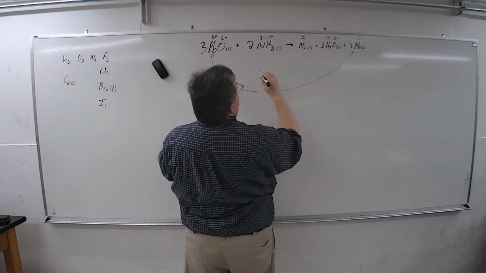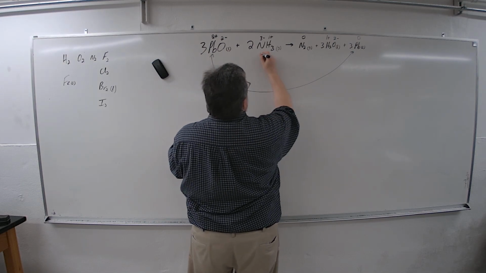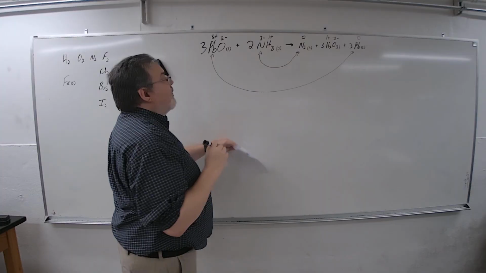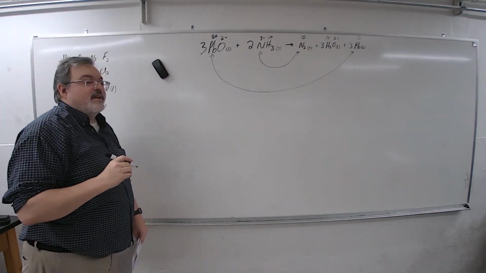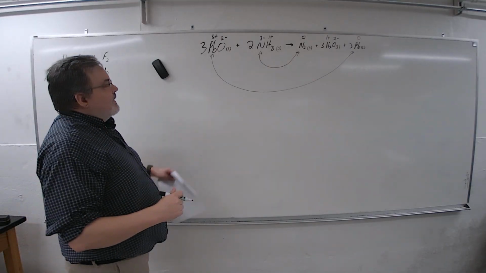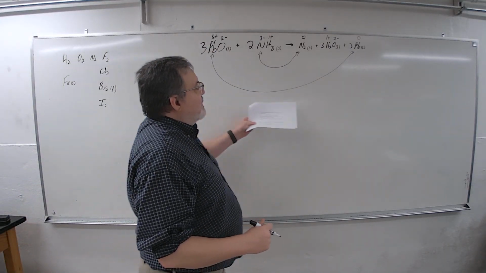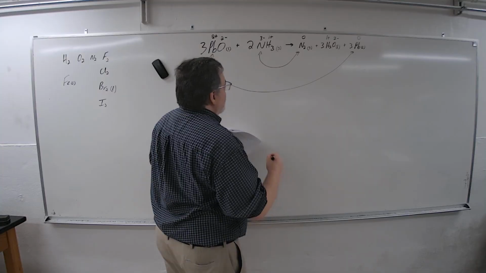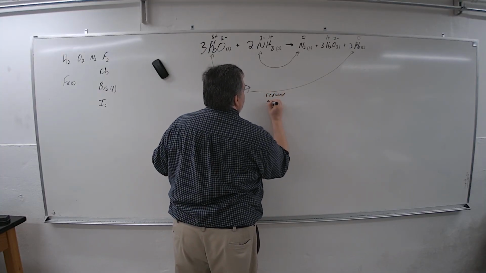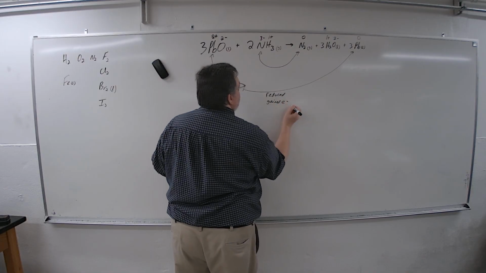+2 to 0. And what else? Nitrogen. All right. Which one of these had its charge reduced? Lead was a 2 plus and it ended up at 0. So that one went down. So that was reduced. It gained electrons.